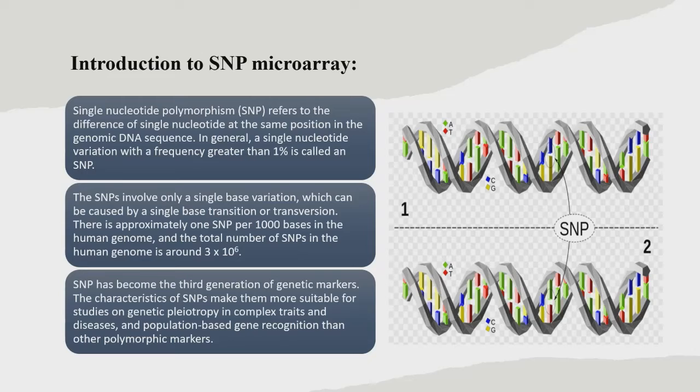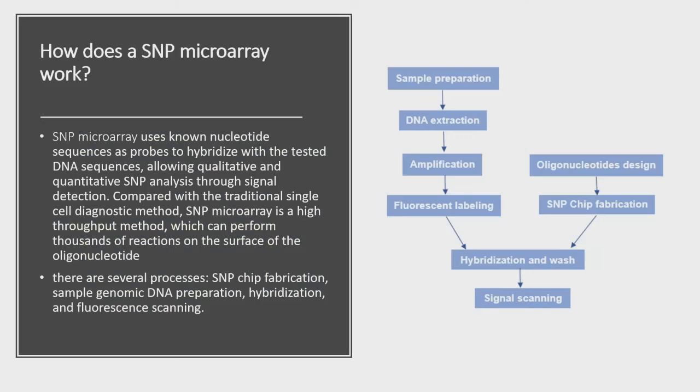SNP characteristics make it more suitable for studies on genomic or genetic pleiotropy in complex traits and diseases, and for population-based gene recognition, than other polymorphic markers. That is why SNP has become the third generation of genetic markers. How does SNP work?